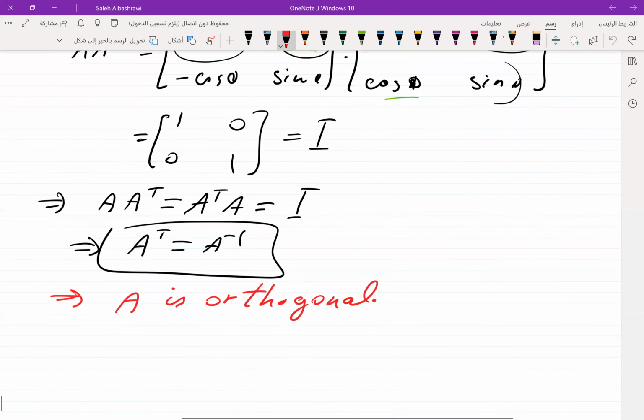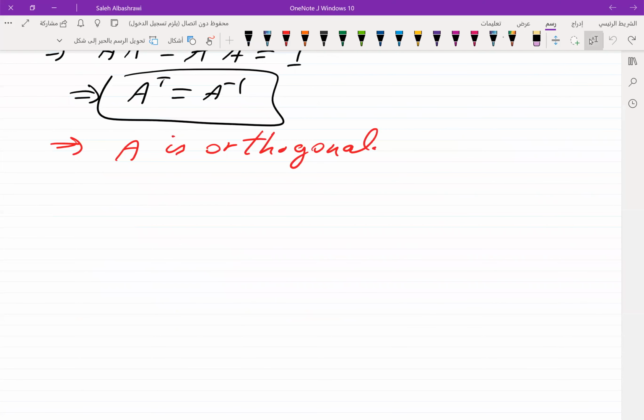Take another one. Number 2. A is equal to 1 over square root of 3, another 1 over square root of 3, and 1 over square root of 3.